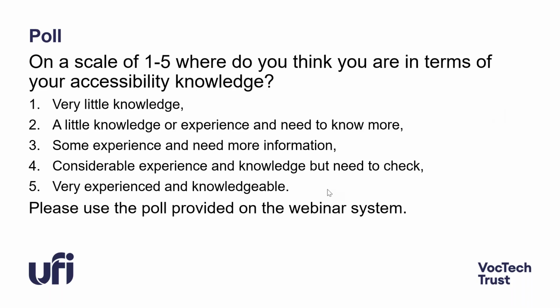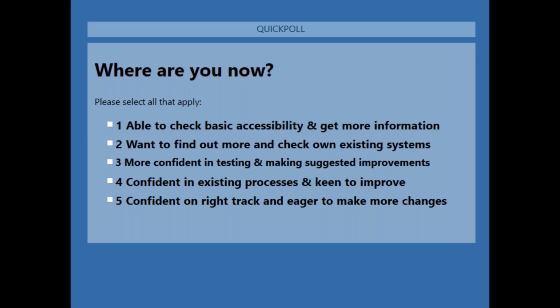We put descriptions there, but really it's for you to think where you are now, and then we'll revisit these towards the end of the session. So I'm going to launch the poll now, and if you can put where you think you are on a scale of 1 to 5, and there are those options there. If you can remember what you've put, that would be helpful.